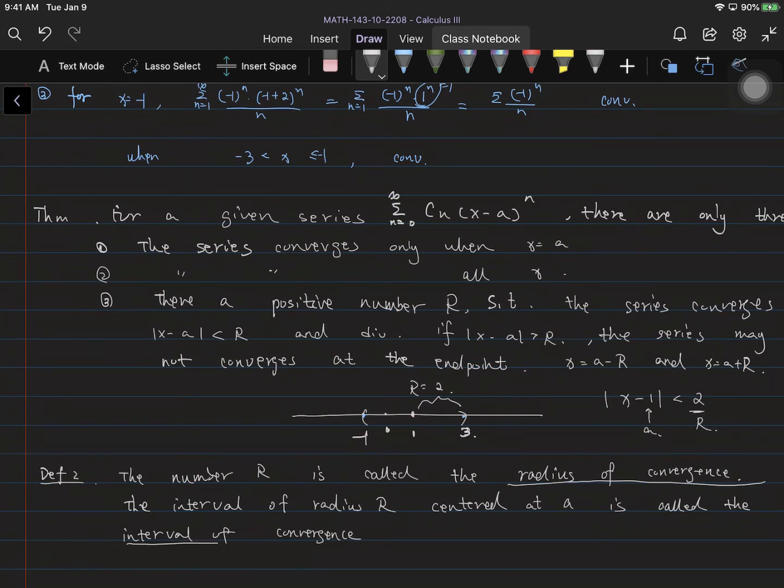I'm going to show the example after the definition, and it may be closed, open, or half open.